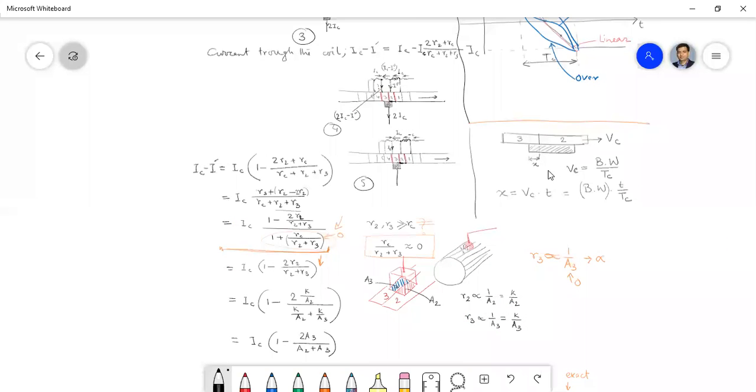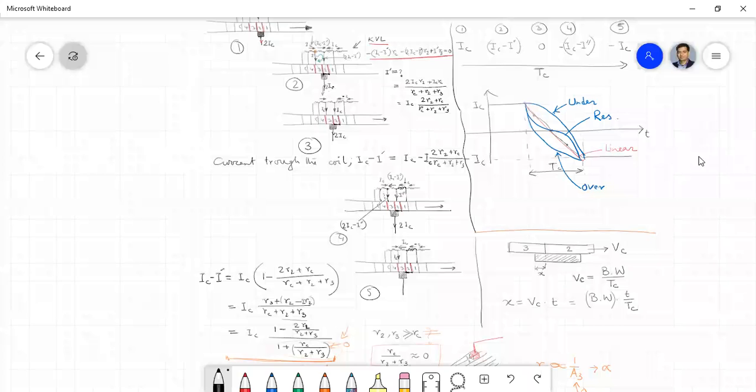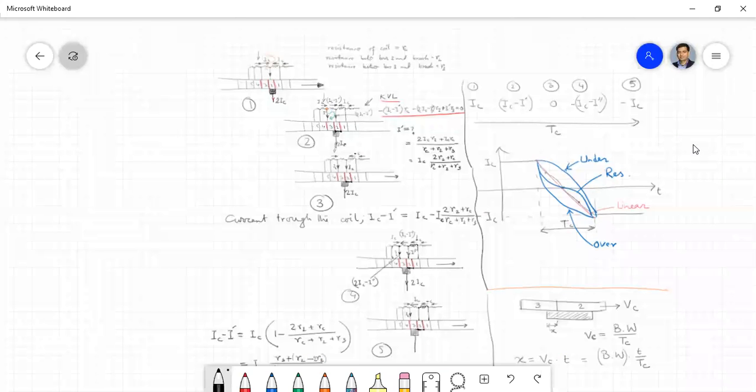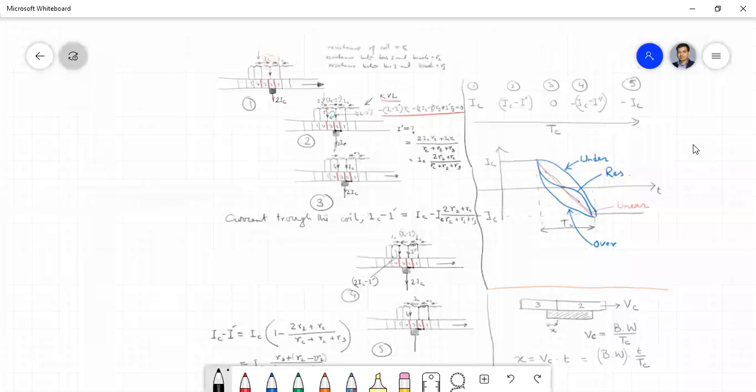Now X, the current depends on the contact area, isn't it? The contact area between the commutator and the brush. The current depends on that. Now X is slightly, so that means the brush has a very small contact with commutator segment 3. So that means then that I double prime has been created, isn't it? So what is the value of I double prime?